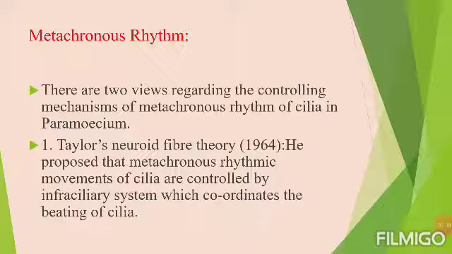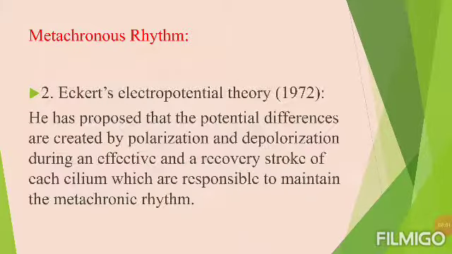Consequently, a cilium in a longitudinal row always moves in advance of the one behind it. All the cilia of the transverse row beat simultaneously or synchronously. During forward movement of paramecium, the metachronal waves pass from the posterior end to the forward.